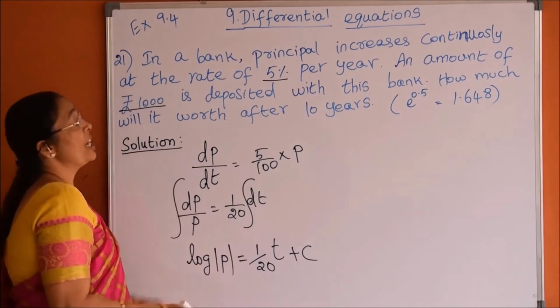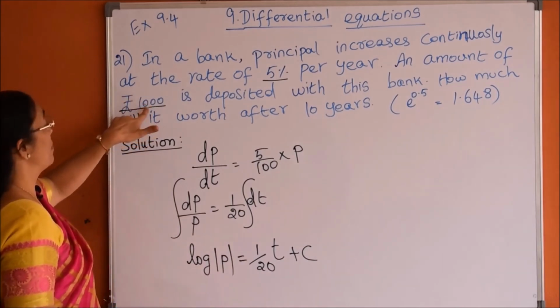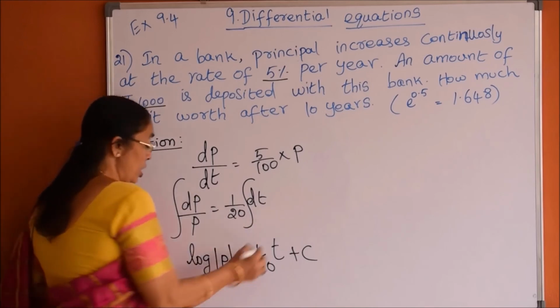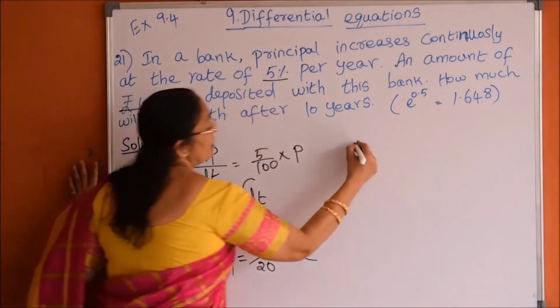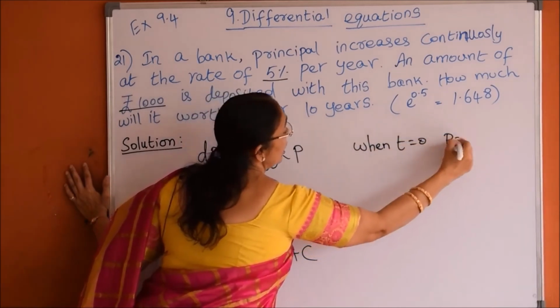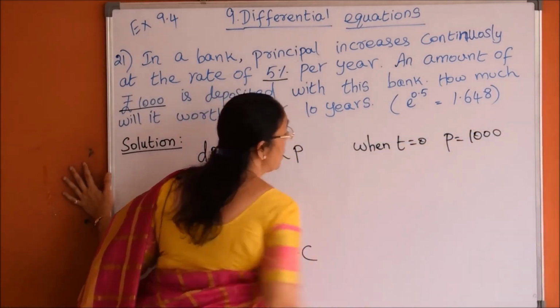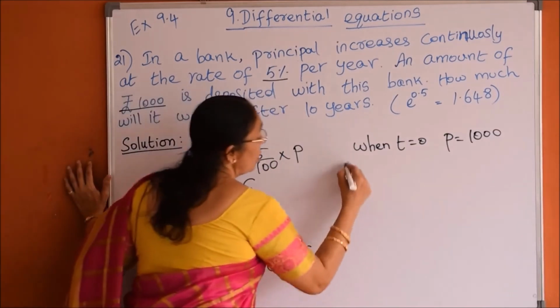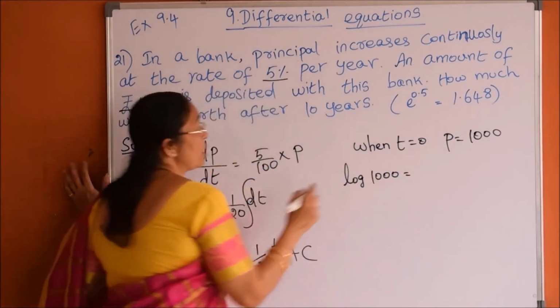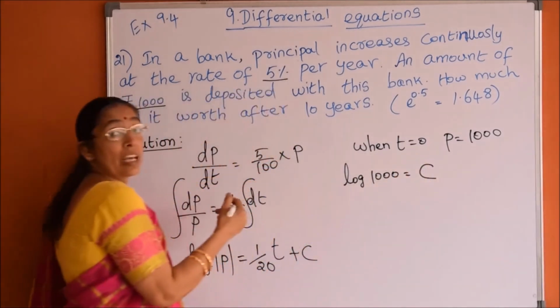Initially, when you deposited the amount of rupees 1000 in the bank, your t will be 0. So when t is 0, the principal we deposited is 1000 rupees. So log 1000 is equal to c. So we got c value here.